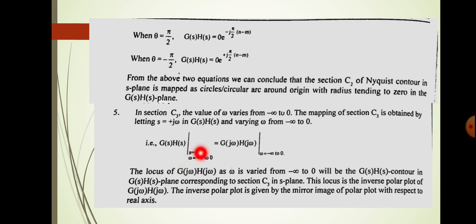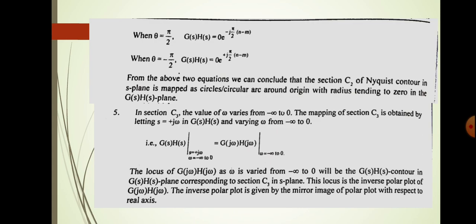That means the equation for the line is the function G(s)H(s), in which we substitute s equal to j omega. Once we substitute that, we get G(j omega)H(j omega), and omega varies from minus infinity to 0.